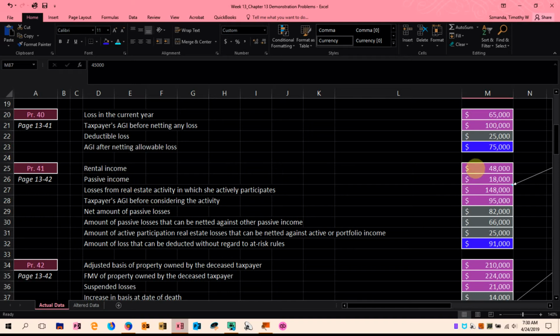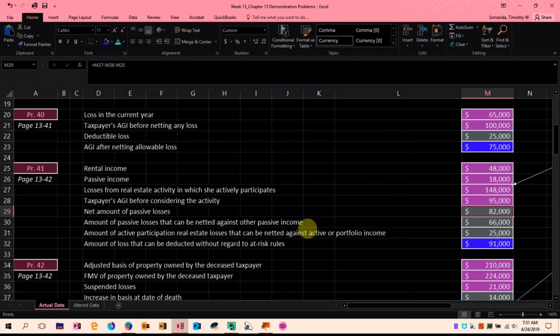So I just entered the data for problem 41 on page 1342. The first thing, intermediary calculation, what were the net amount of the losses? In this case, I took the losses from real estate activity and I deducted the income from passive income and the rental income as well. So I wound up with the net passive losses just by combining them.